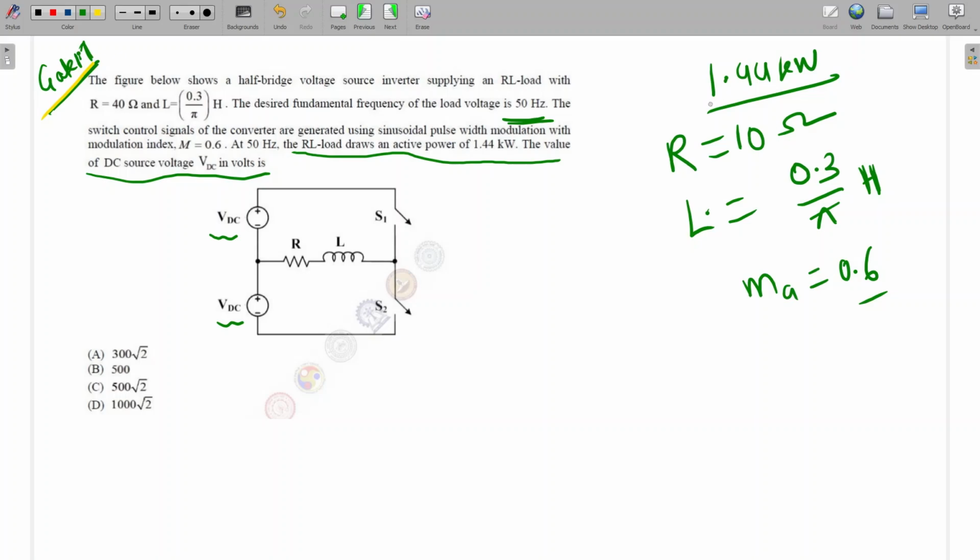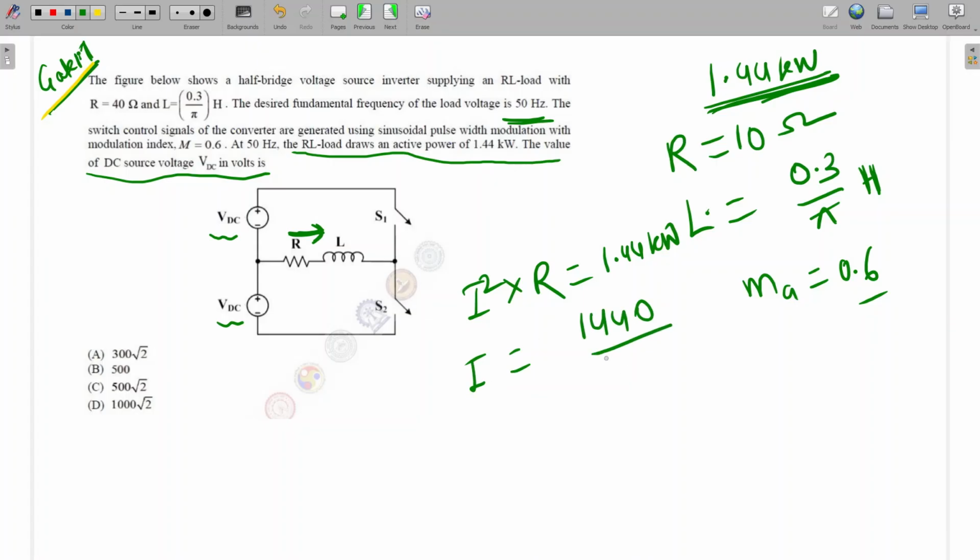With this power value, can we calculate the current flowing through this? Because only the resistive part will consume the real power. So I square into R will be 1.44 kilowatt. How much will be the I value? I will be the square root of 1440 divided by 40. How much will be this value?